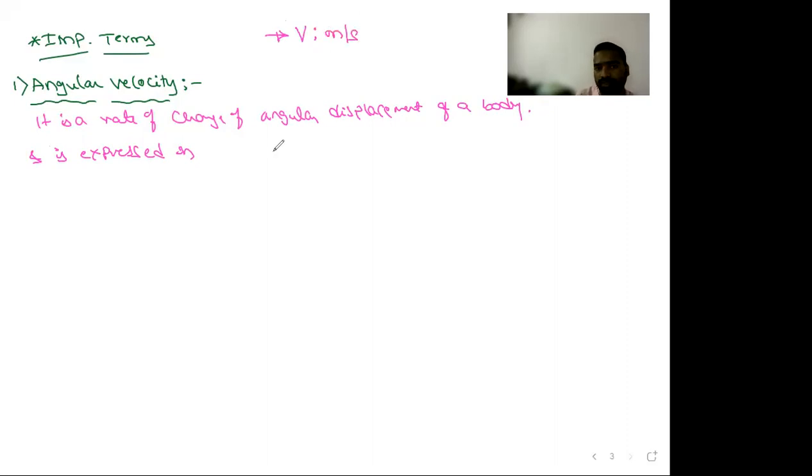Meter per second. Angular velocity is denoted by omega. The unit for omega is radian per second, or revolution per minute, in short called RPM.